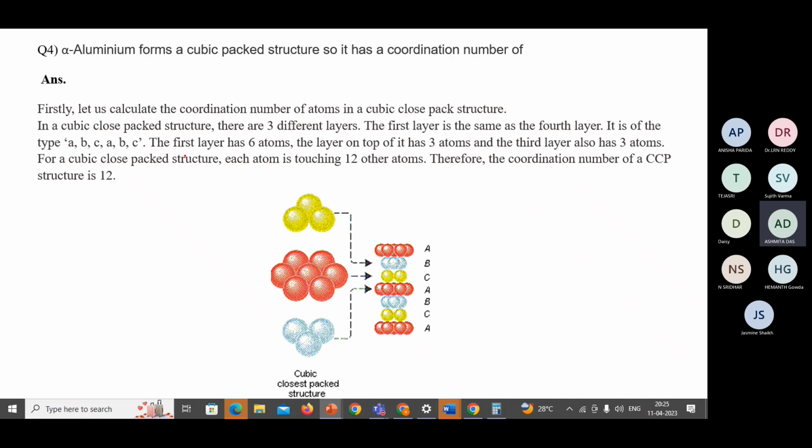The first layer has 6 atoms, 1, 2, 3, 4, 5, 6. The layer on top of it has 3 atoms, and the third layer also has 3 atoms. So for a cubic close-packed structure, each atom is touching 12 other atoms. The coordination number of a CCP structure is 12.